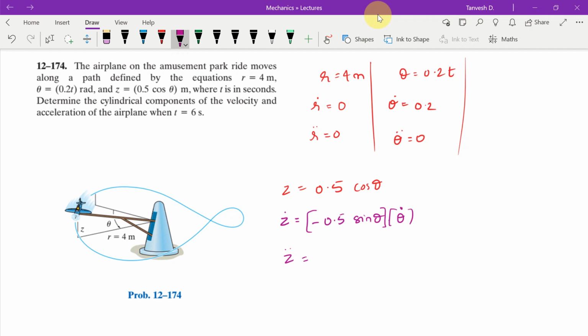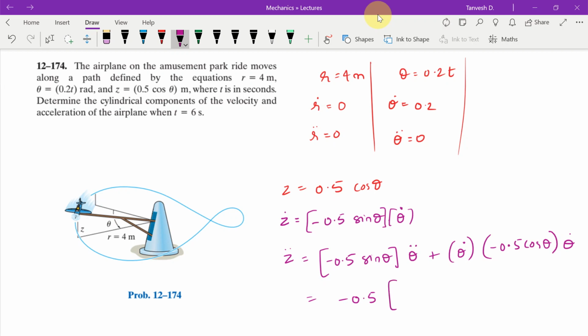So it is equal to minus 0.5 sine theta into theta double dot plus theta dot into minus 0.5 cos theta into theta dot. I can take minus 0.5 common, and I'll get sine theta double dot plus cos theta dot square. This I'll get as z double dot.